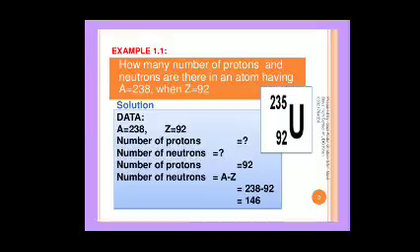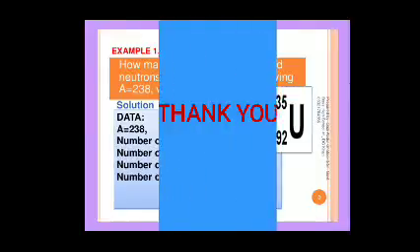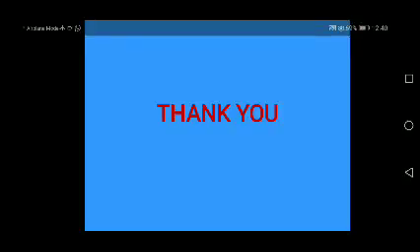The atomic number is equal to the number of protons, the number of protons is equal to the number of electrons, and the number of neutrons is equal to A minus Z, 238 minus 92, that is equal to 146.